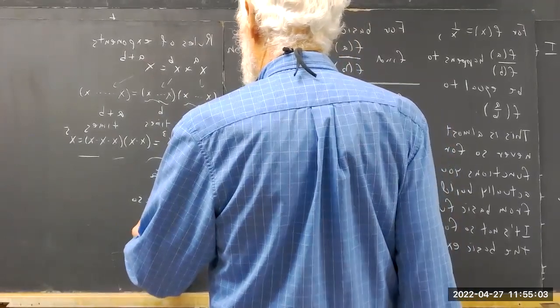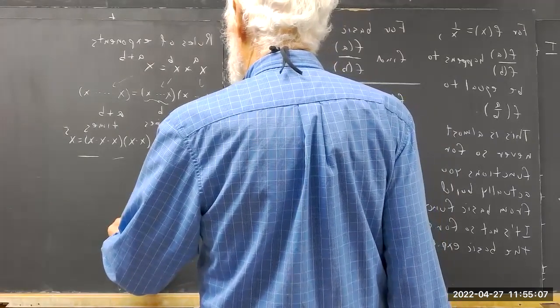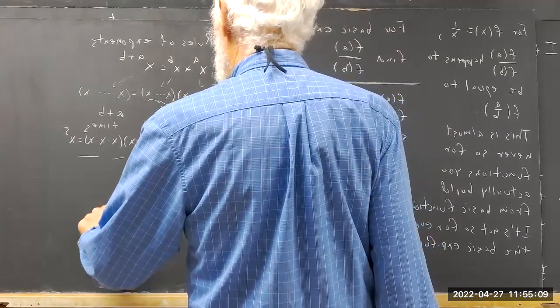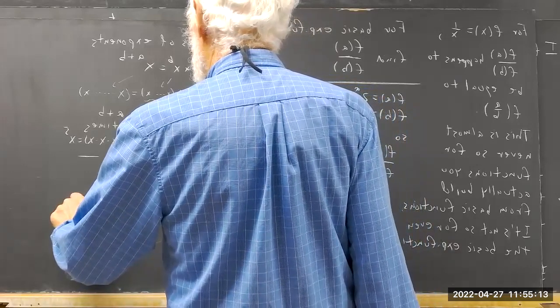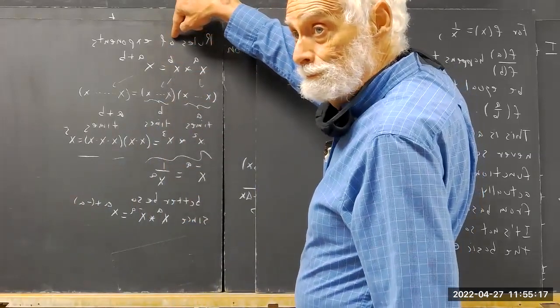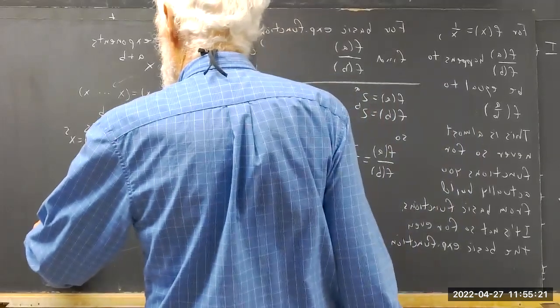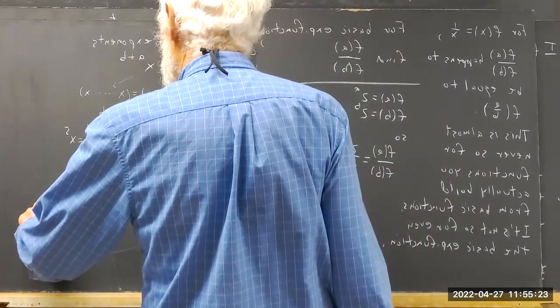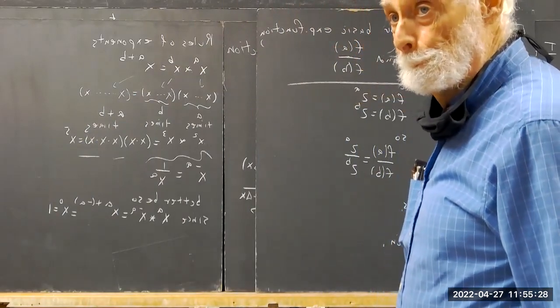Since x to the a times x to the negative a equals x to the a plus negative a, just using this rule, if we add the exponents, which is x to the 0, which is 1, right?